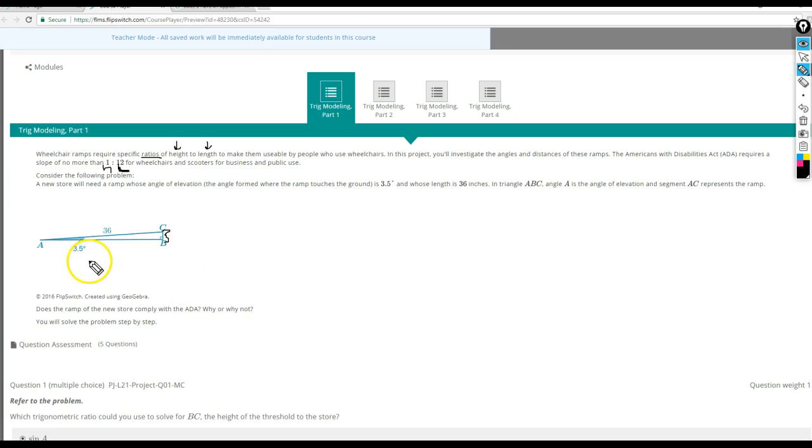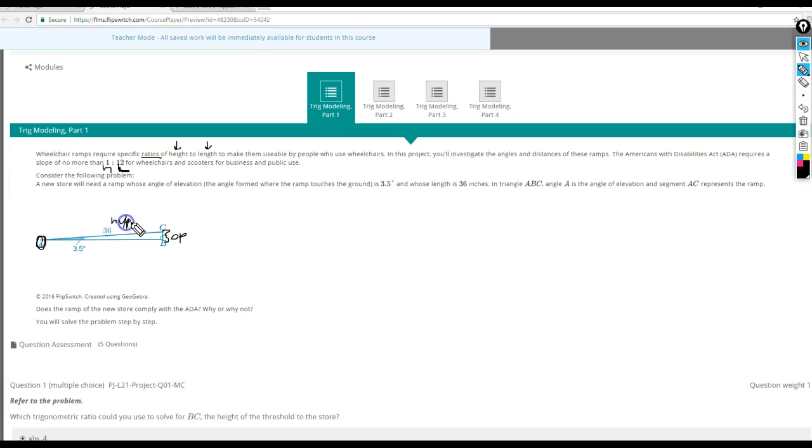I'm going to look from the angle of elevation, which is angle A. So my perspective is angle A, and that means from angle A, CB is the opposite side, and 36, or the length of the ramp, is our hypotenuse.